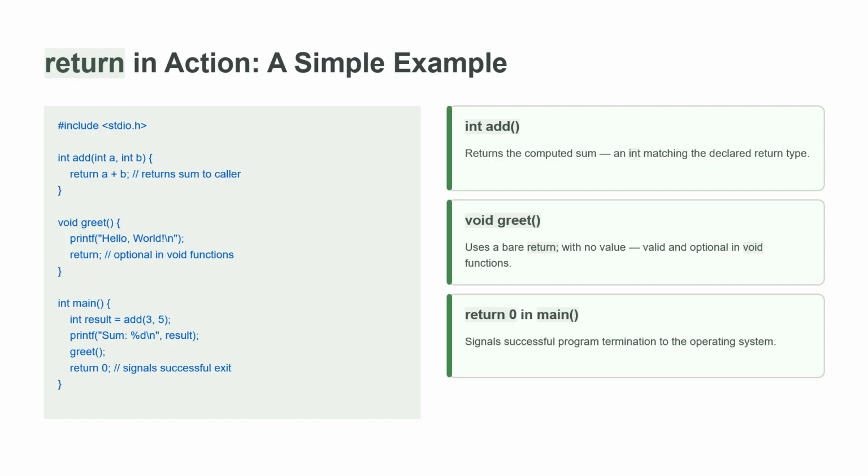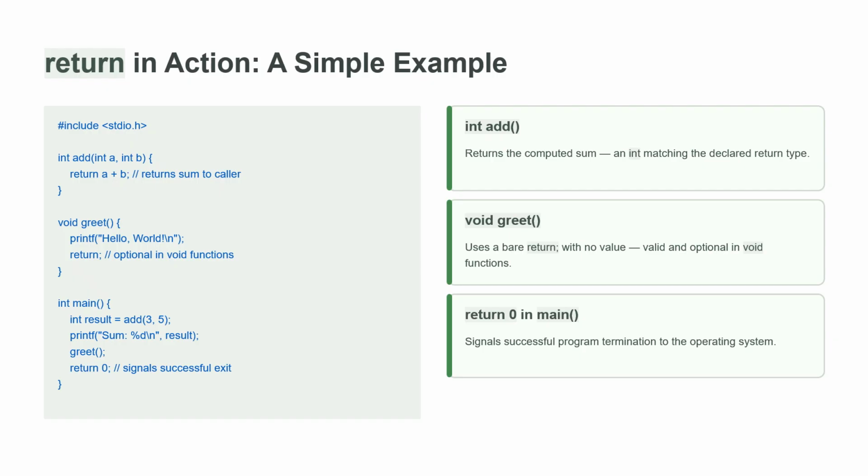Here the first one, int add. You will declare the header files, then you will declare the variables. Int add returns the computed sum, an int, which matches the declared return type. The next is void greet.